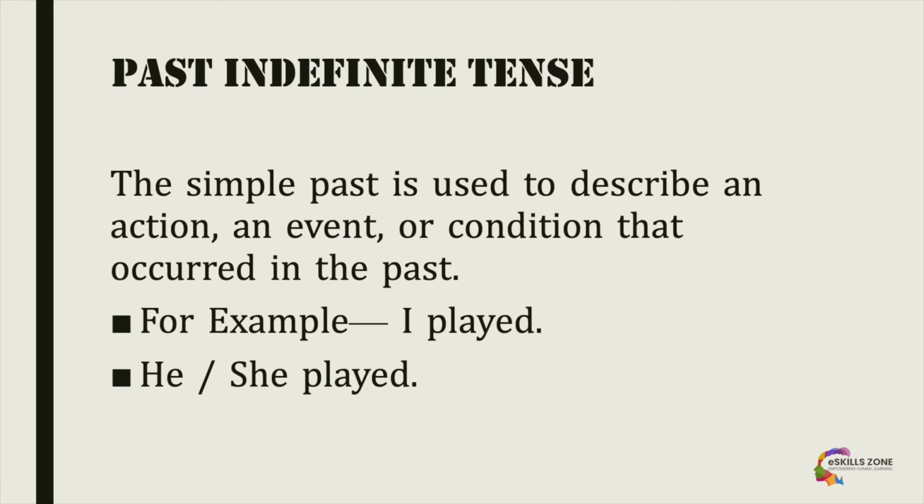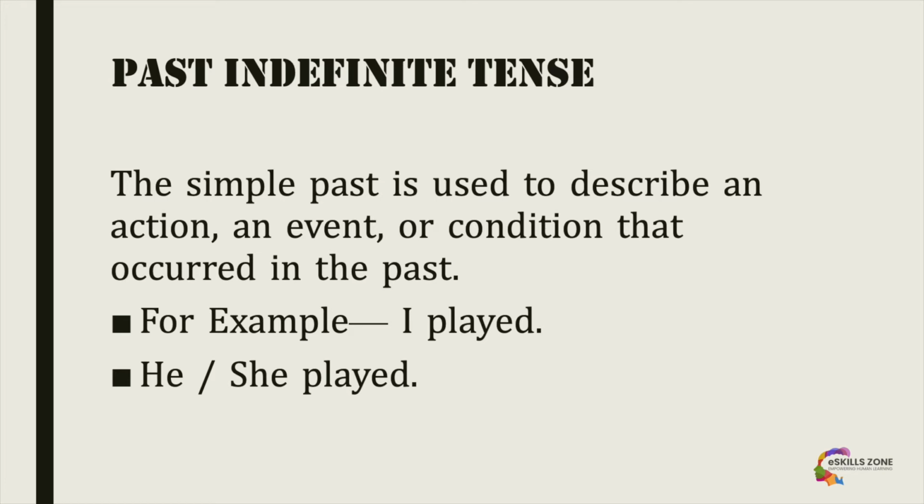Now if we convert this positive sentence into a negative sentence, we will use did as the helping verb. And as I said in my earlier videos, you need to place not in between the helping verb and the verb. So the rule applies the same.